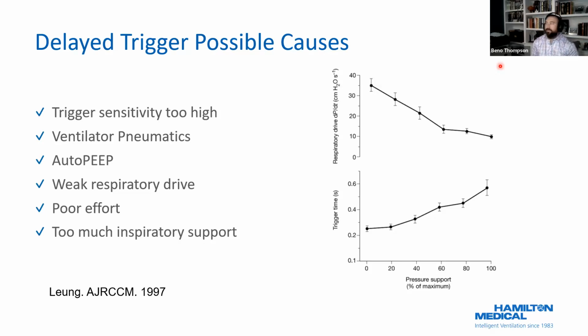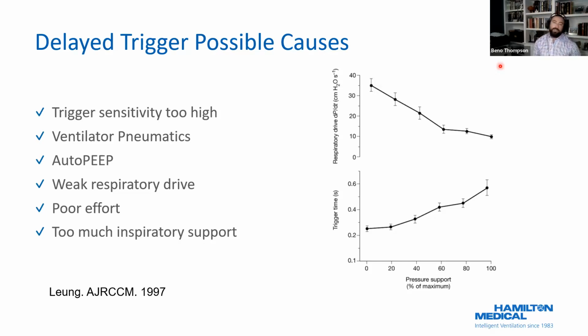So, I know not a lot of people use pressure trigger, but for easy math, an easy way of explaining it, let's just say our patient's on a pressure trigger of -1, and they have 4 of auto PEEP on board, which means the patient has to breathe through that 4 of auto PEEP and then another centimeter of water pressure to trigger the vent.